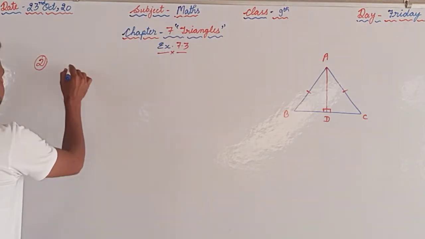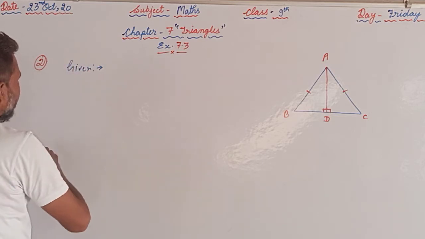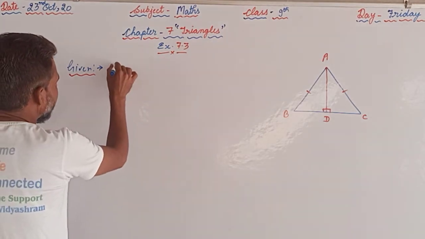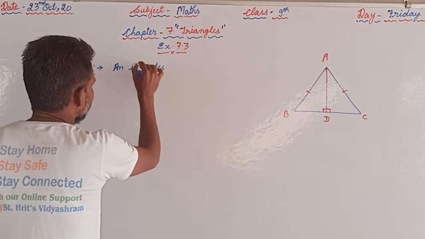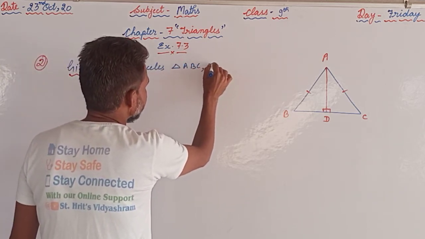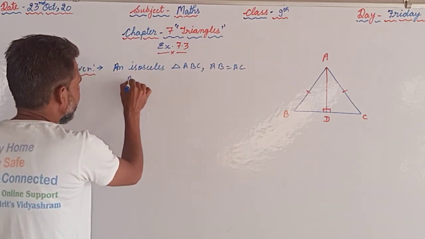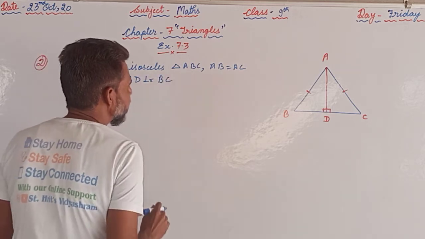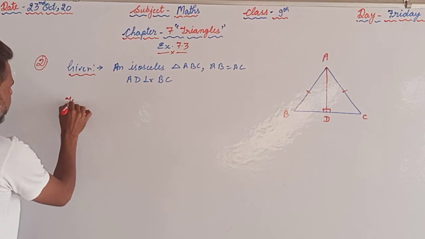First of all we will write given: an isosceles triangle ABC in which AB is equal to AC and AD is perpendicular to BC, meaning AD is the altitude. Now what we have to show?